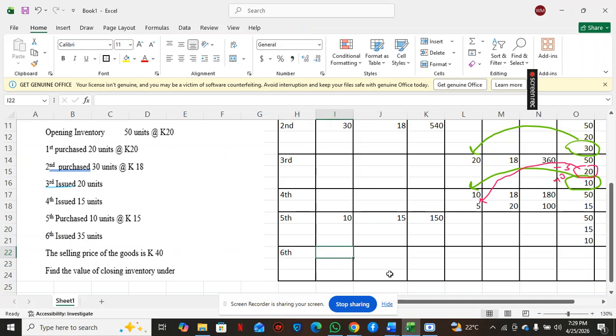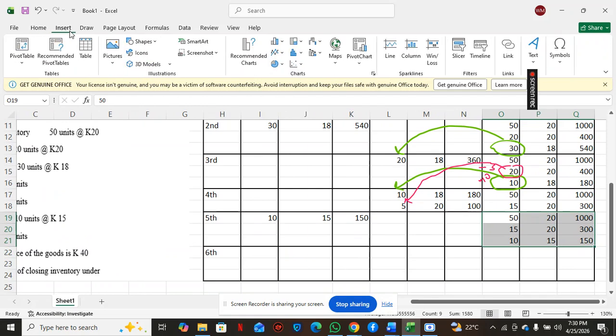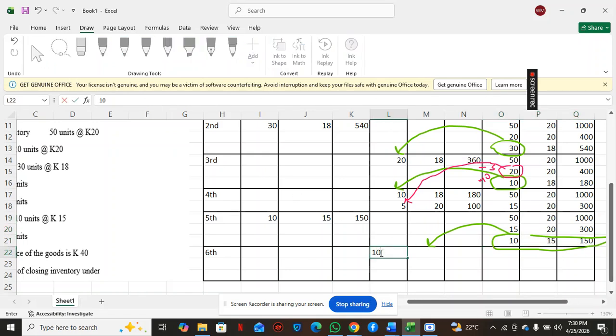We come to this section and say, this 35, the first batch we're removing is the latest. This is 10 valued at 15 kwacha each.